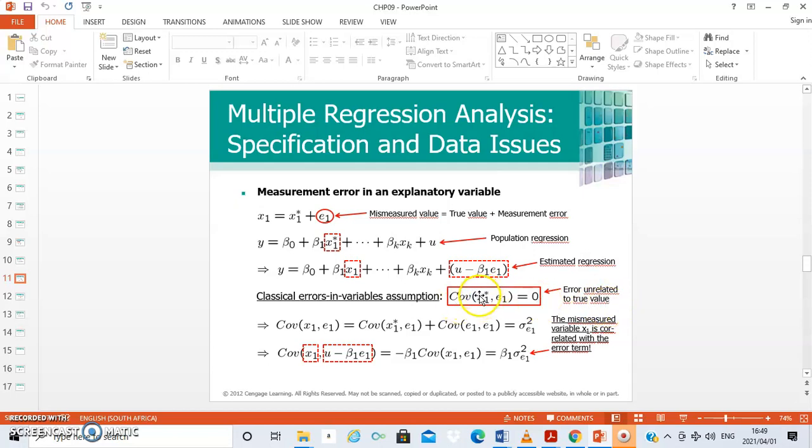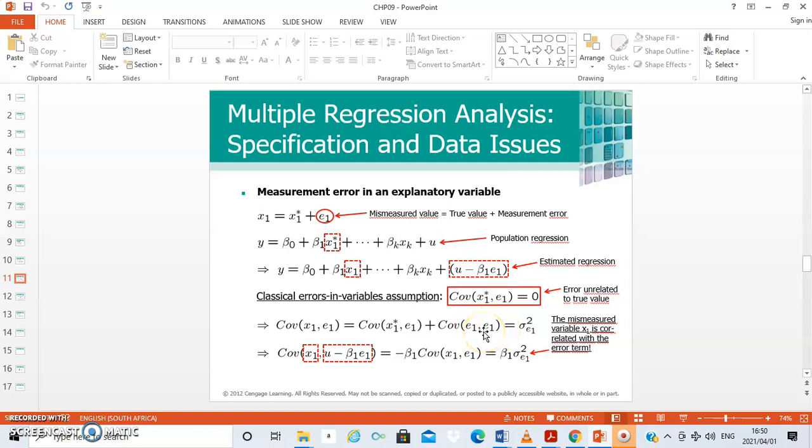In other words, x star, the true value, does not relate to the measurement error. But because the mismeasured variable x1 is correlated with the error term, we have a situation whereby the covariance between x1, which is estimated, and e1 will be equal to the covariance between x star and e1, plus the covariance between e1 and e1.